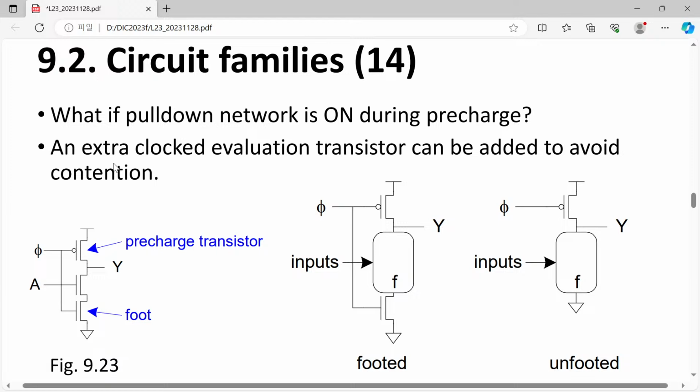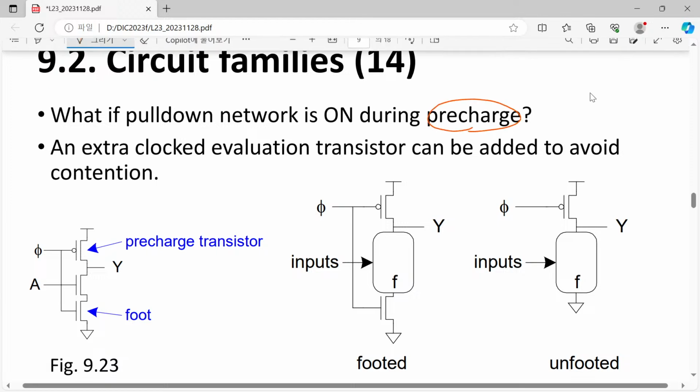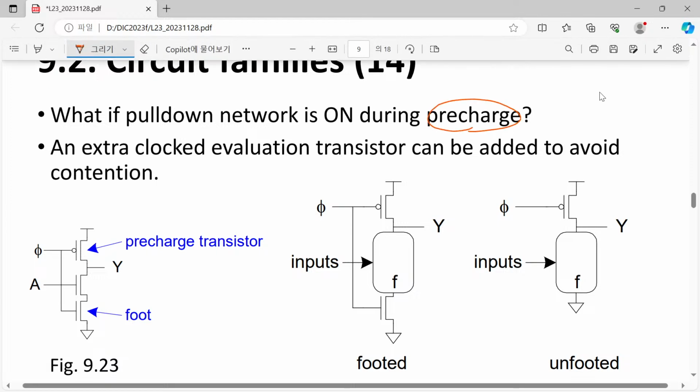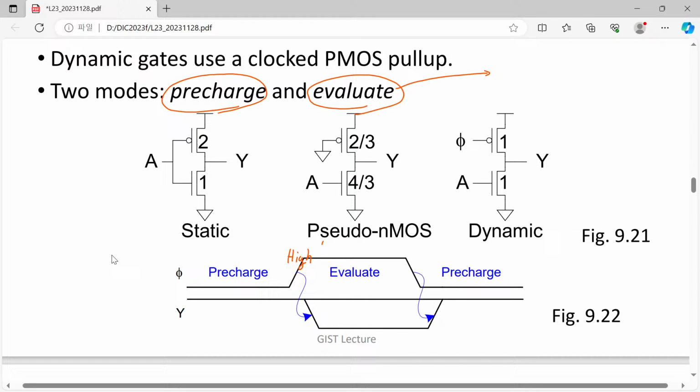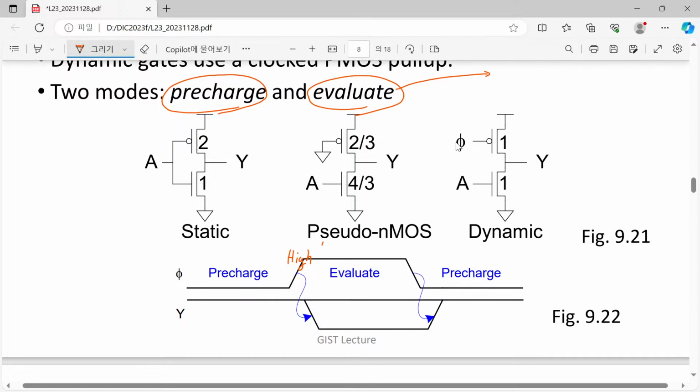One thing we have to be careful about is the pre-charge case. In pre-charge, we try to make the output Y equal to 1. So let's come back to our previous case. In the pre-charge case, we apply 0 for our clock signal.